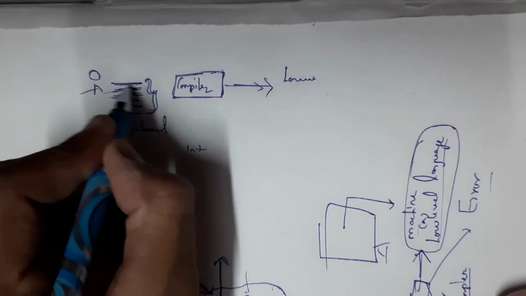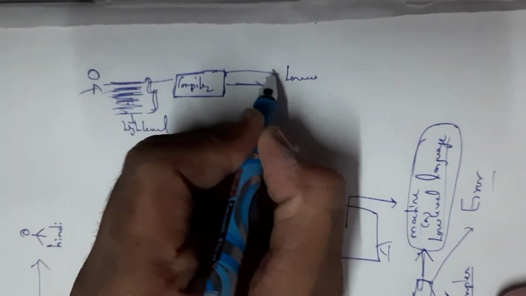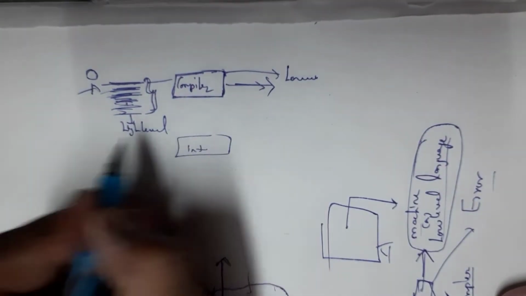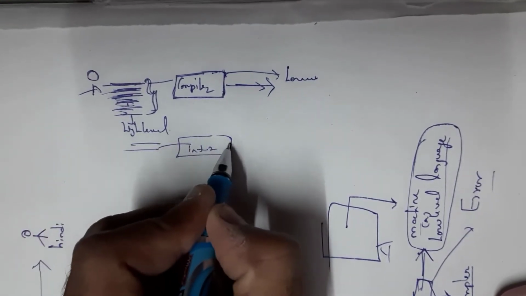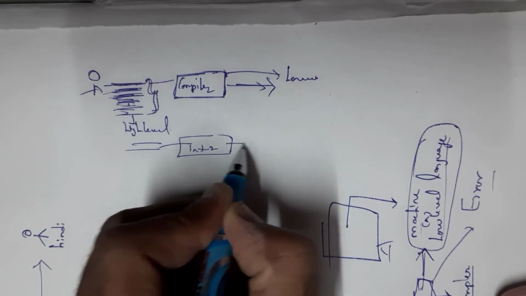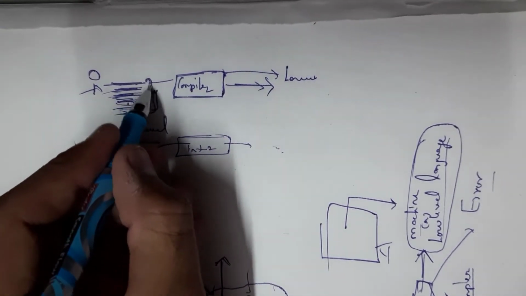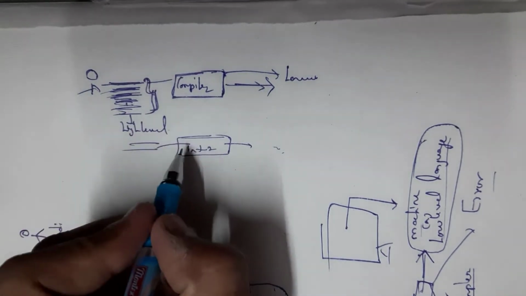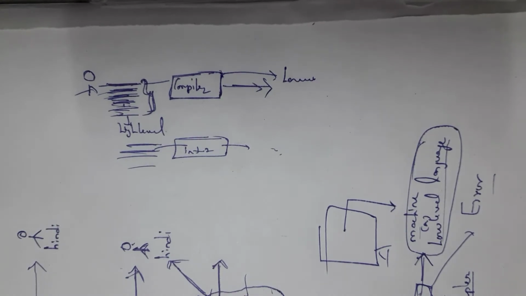It takes each line at a time. First it takes the first line and converts it into low level language. Similarly, the interpreter takes the second line and converts it into low level language. The difference is that a compiler takes the entire source code at a time, but an interpreter takes each line at a time and converts it into low level language.